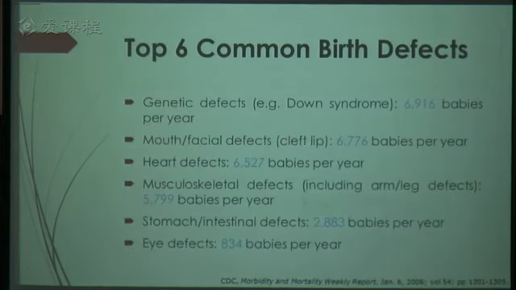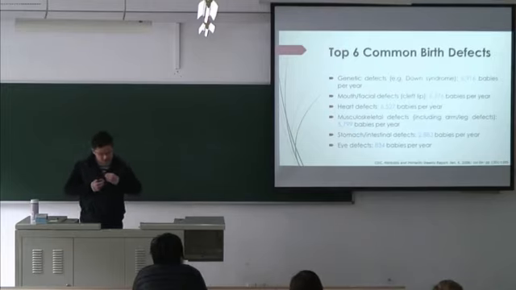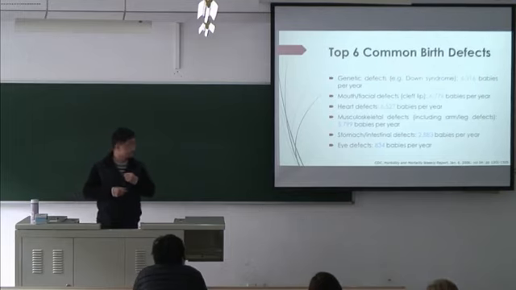So here are the top six common birth defects listed by the CDC, or Center for Disease Control and Prevention, in the U.S. Those are genetic defects. It's around 700 babies born per year for this type of defect.